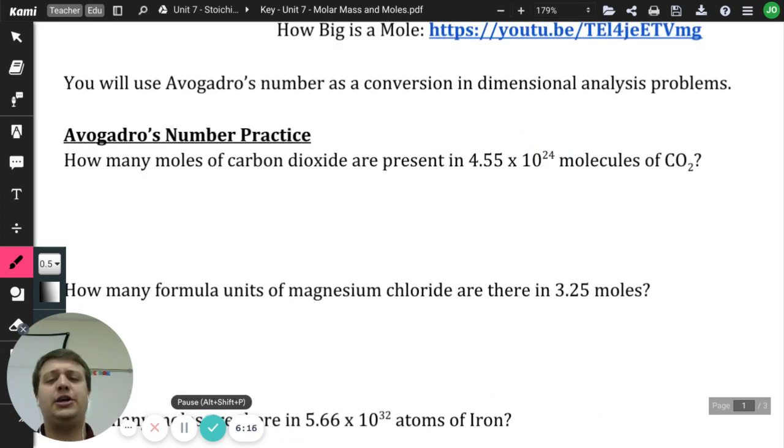So how do I use the mole? How do I use that number, Avogadro's number? Well, Avogadro's number is going to be used to convert from one thing into another. Specifically, things like molecules, particles, atoms, formula units, those kind of things, right? So here my question is, how many moles of carbon dioxide are present in 4.55 times 10 to the 24th molecules of carbon dioxide?